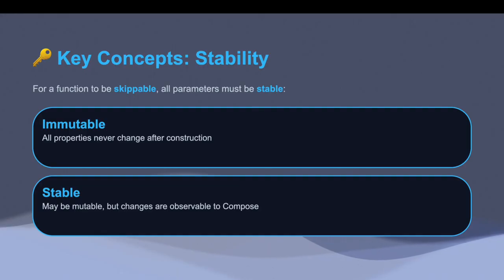Now there are two concepts of stability: immutable or stable. Immutable means that if the parameter value is not going to change at all, then we call it immutable. And stable means we can annotate. Let's say there is a composable function UserProfile. In that UserProfile we are passing one parameter called user.